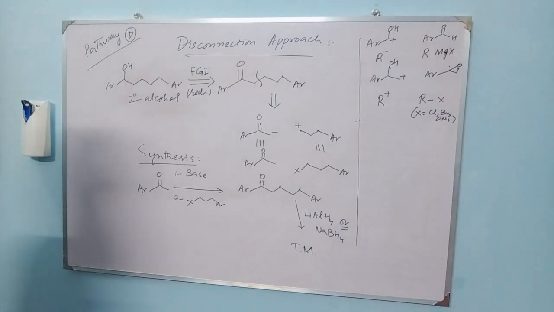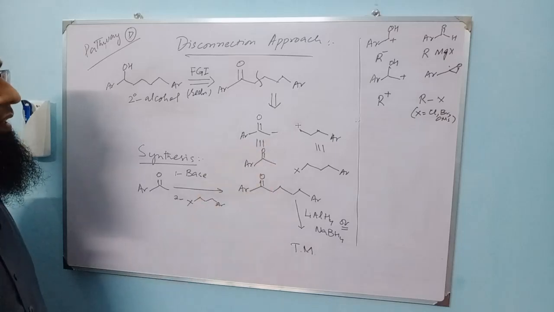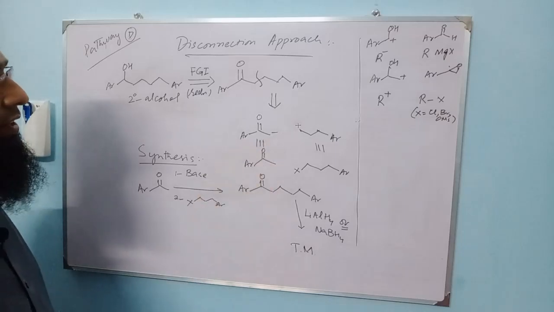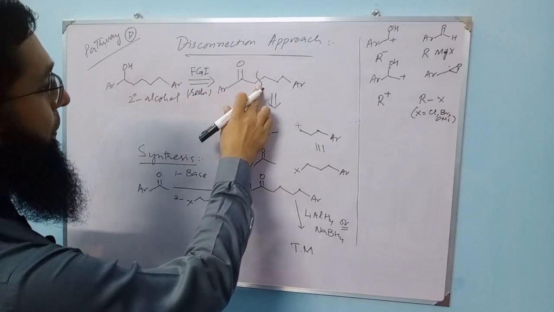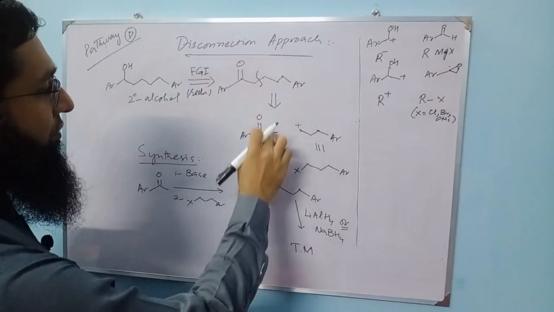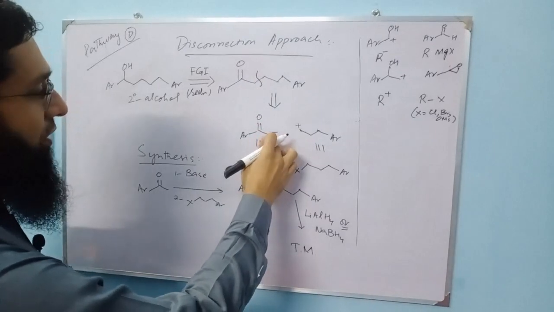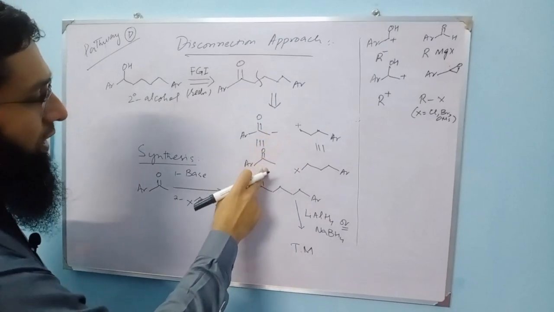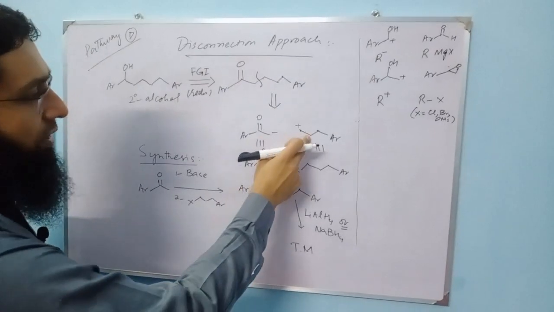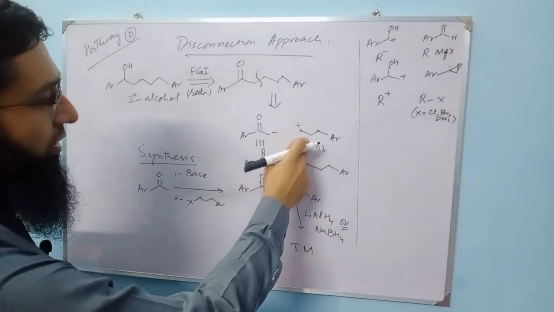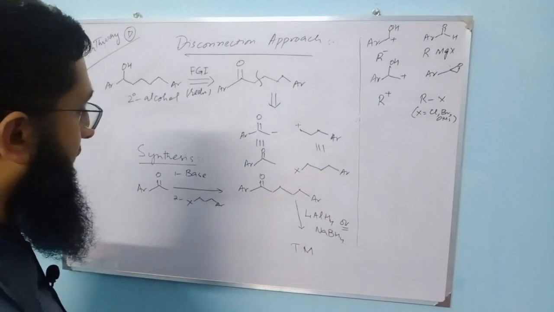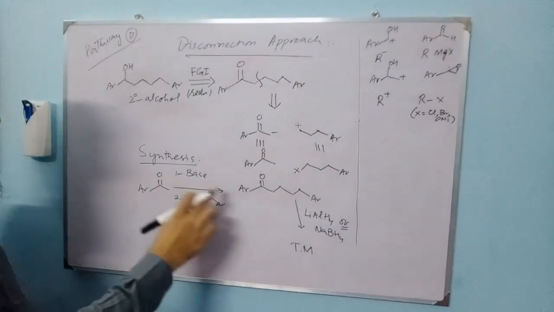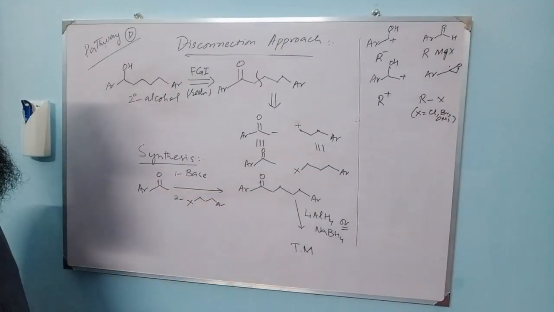So in this example, we have utilized enolate chemistry, the C alkylation reaction of enolates, and from disconnecting here we got these synthons. For this synthon we have the corresponding ketone. For this positively charged alkyl chain we have alkyl halide, and as a result of this synthesis we get the target molecule.